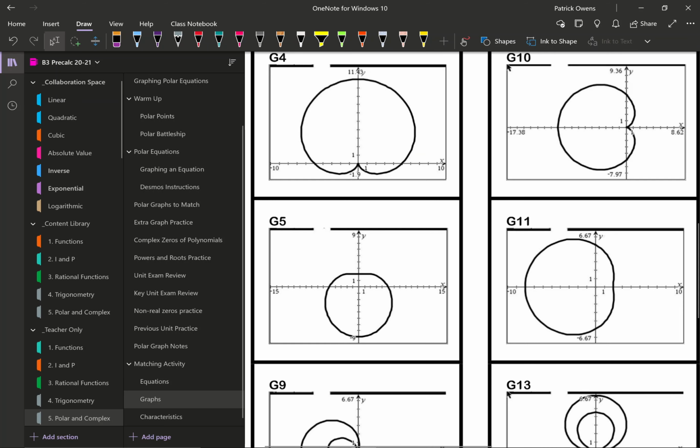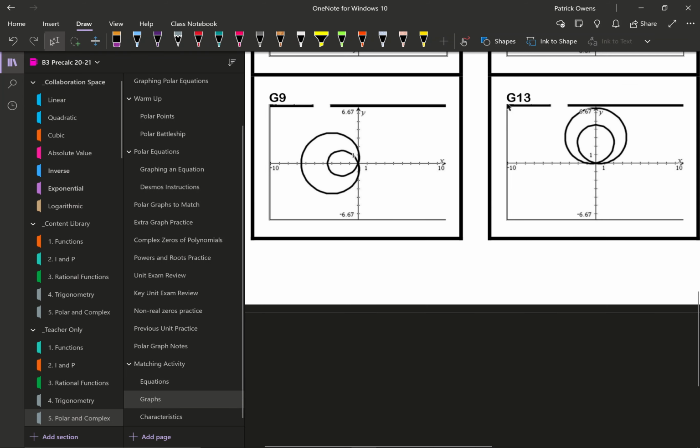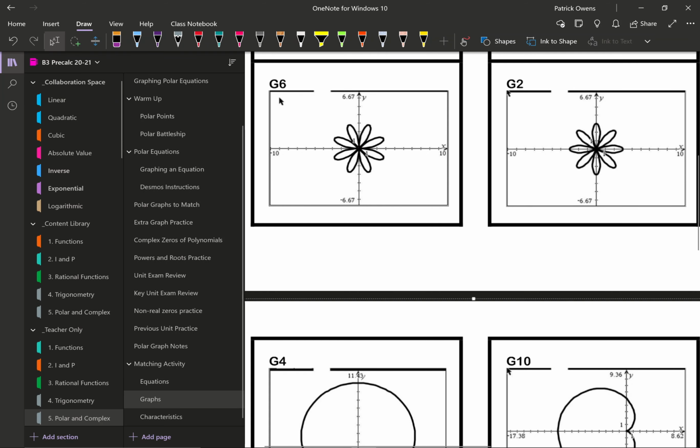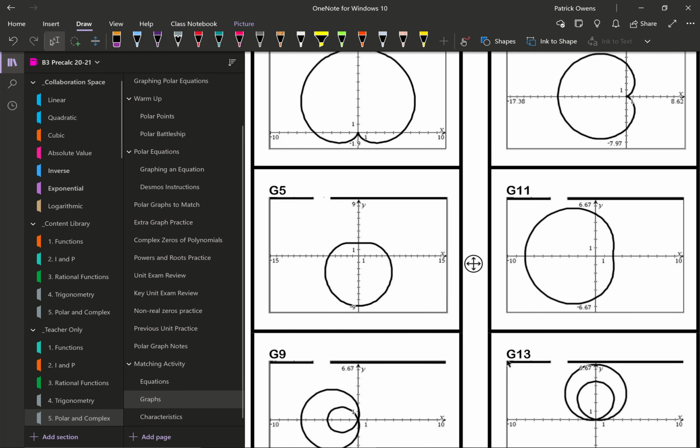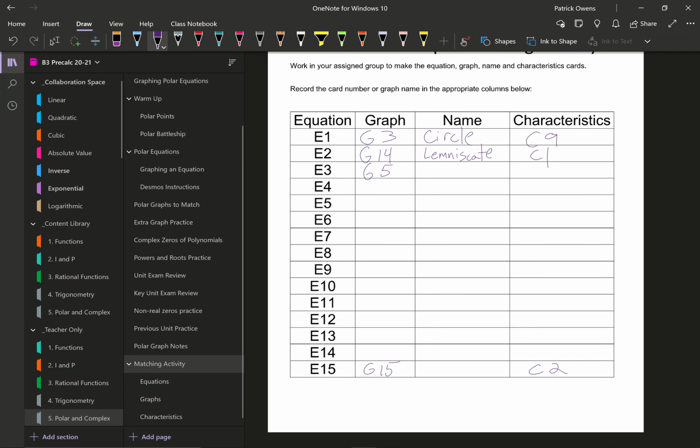So it could be G5. Yeah, it's looking like it's going to be G5, because, well, let's actually write that in here before I forget. So we've got G5, and that is a limacon.